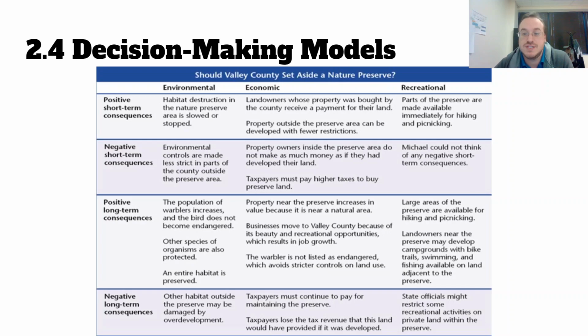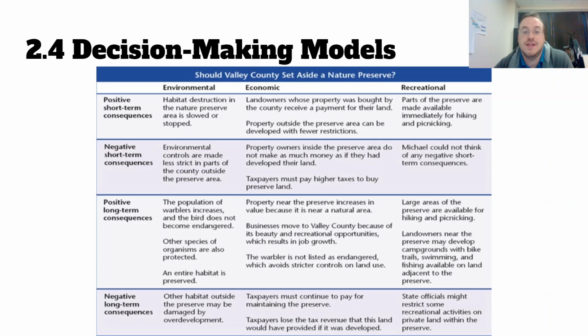But if we shift gears and look at economic instead, positive is that the people who owned the land are going to receive money for it. The government is going to pay for it, so they're going to get some money out of it right away.